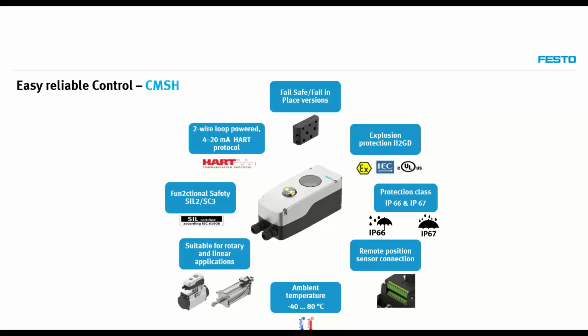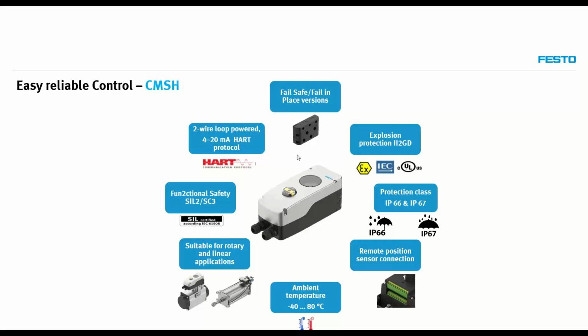This type of positioner can be used with single or double acting actuators, linear or quarter turn actuators. With this feature, you determine how the CMSH works simply by using a different pneumatic sub-base or end plate.